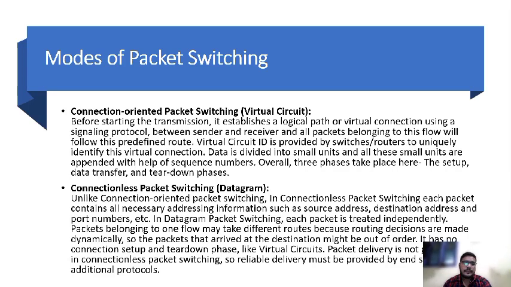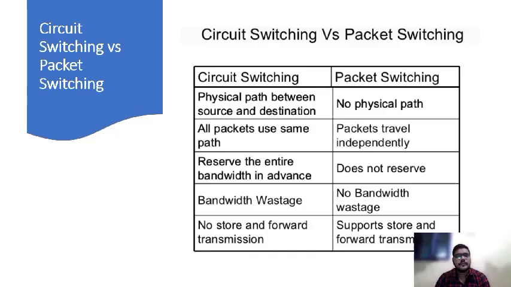So it may happen that the last packet arrives before the first packet. After the packets have arrived, we may arrange them. So this is all about the modes of packet switching. Let's see the next topic.